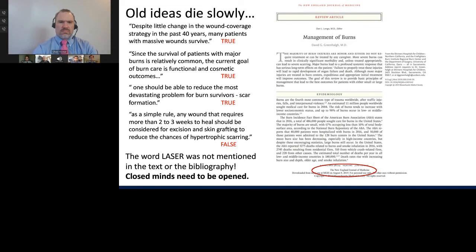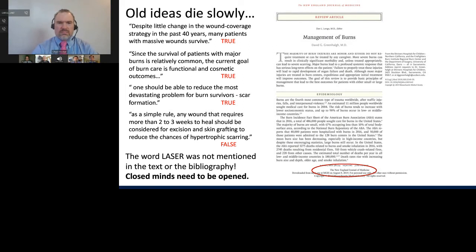As I mentioned, old ideas die slowly. This article was recently published in the New England Journal of Medicine, a review article on the management of burns, and the word laser was not mentioned in the text or the bibliography. Closed minds clearly need to be opened.